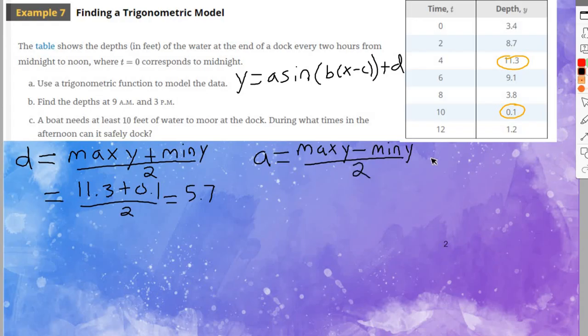So I'm still using that same max and min, so 11.3 minus 0.1 divided by 2, which gives us 5.6 instead. Alright, what do we find next? Our b value, which we found from the period, right?